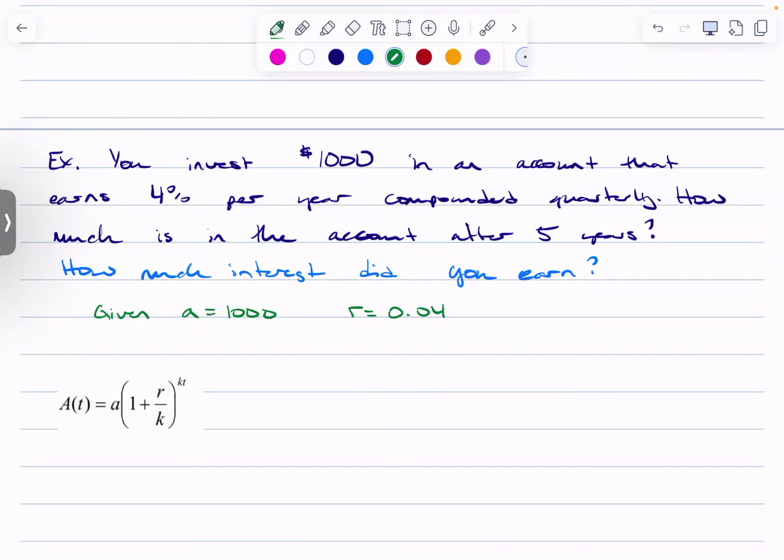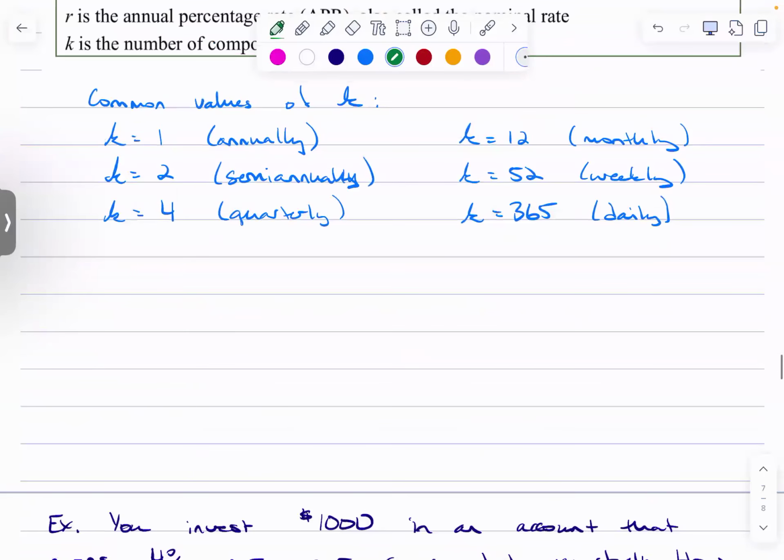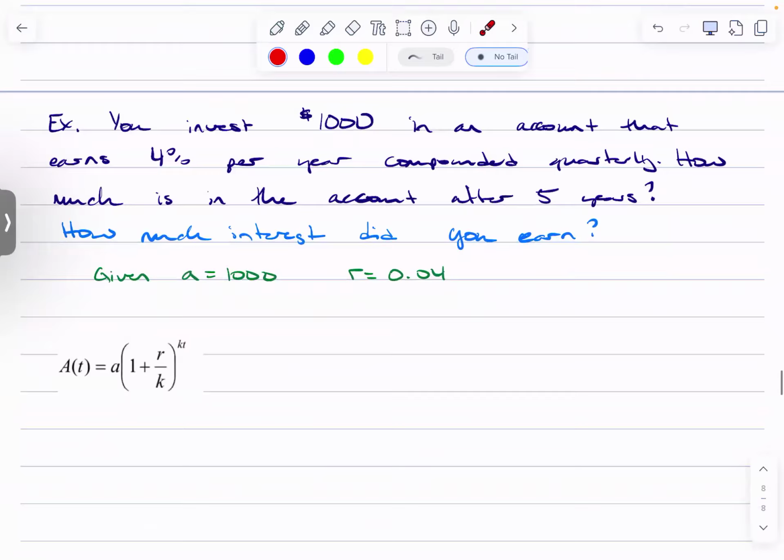And we're told that it's compounding quarterly. Compounding quarterly tells me that K must be 4. So 4 times per year, which confusingly is every 3 months, if you think about it. But don't think about it. And we want to find A of 5.